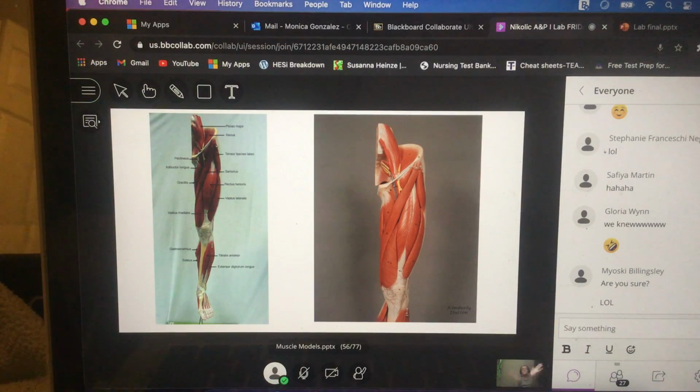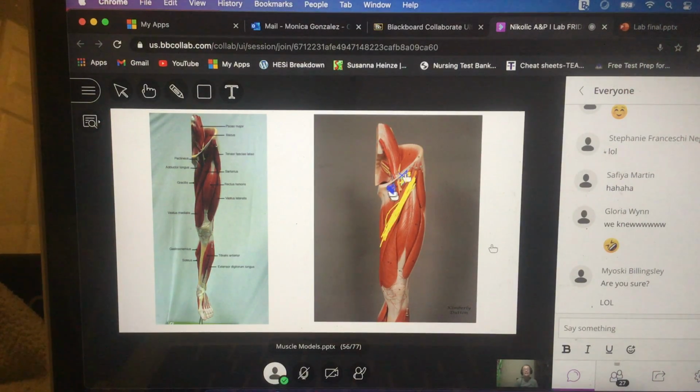All right, guys, let's do it again. Sartorius, that's your reference right away. And then we're going to go in order, iliopsoas. Here you can see it really nicely. Careful, guys. Don't go too high up. There we go. The yellow is it. Now, pectineus. Here you can really see the pectineus, right there by the artery and the veins.